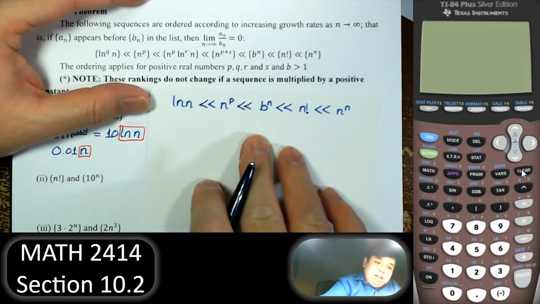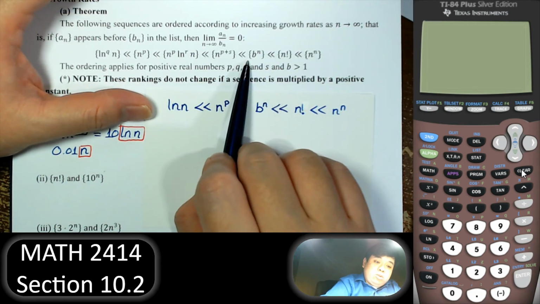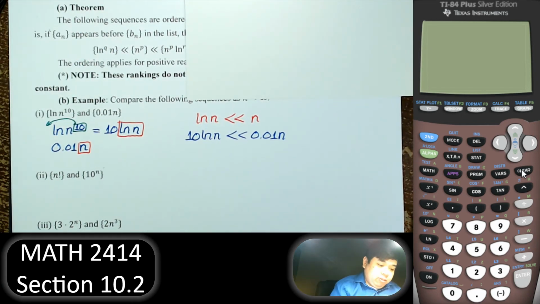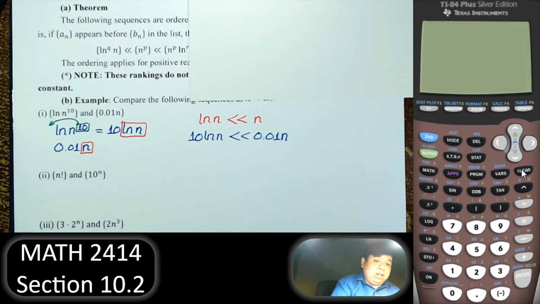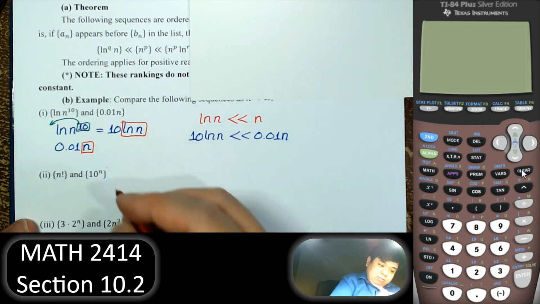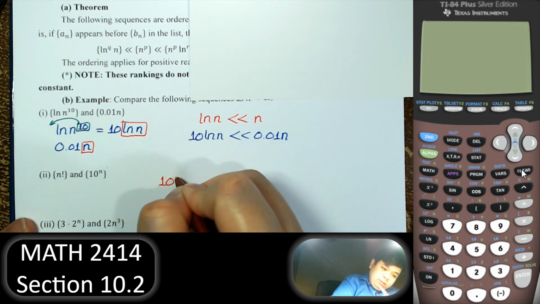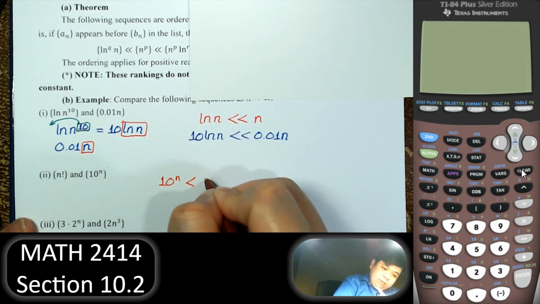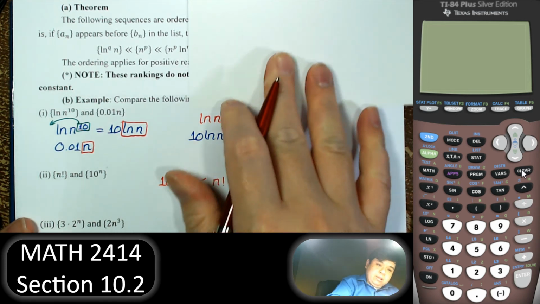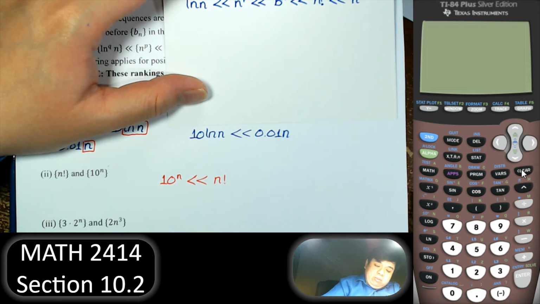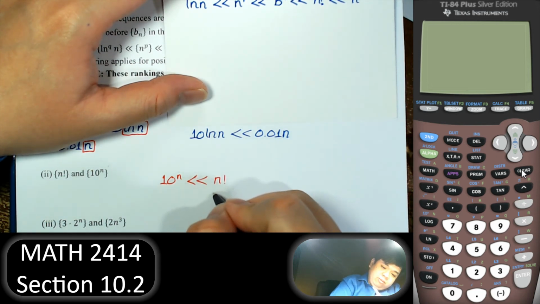In this case, the factorial is bigger than the exponential, but less than the n to the n function. So n to the n, then factorial, then 10 to the n. We have this ranking: factorial is bigger than any exponential function.